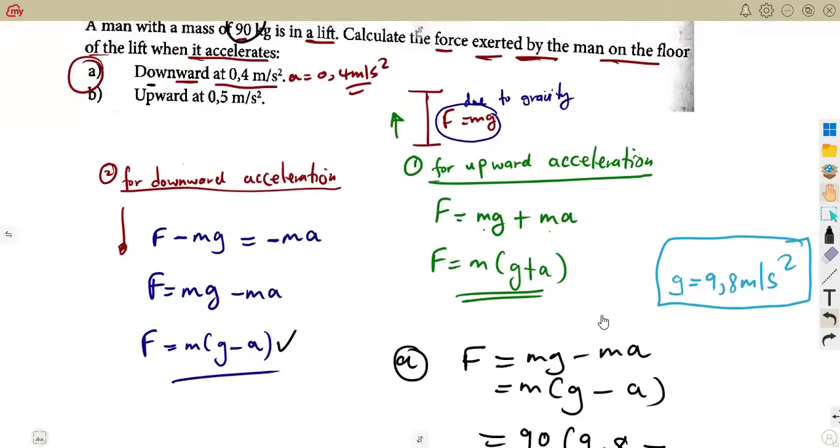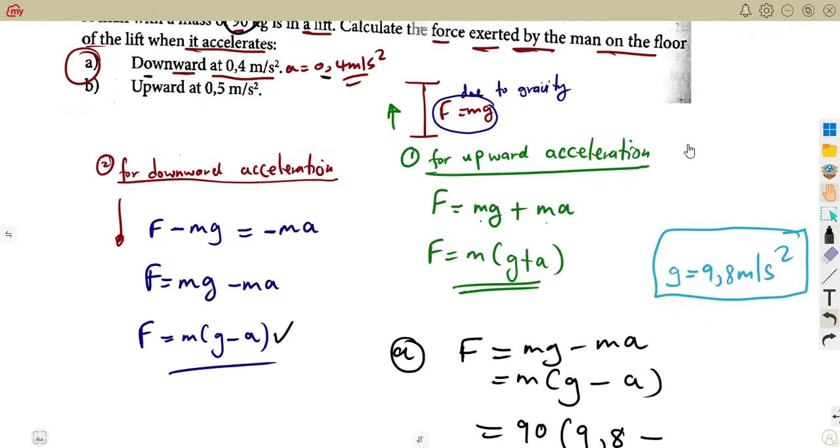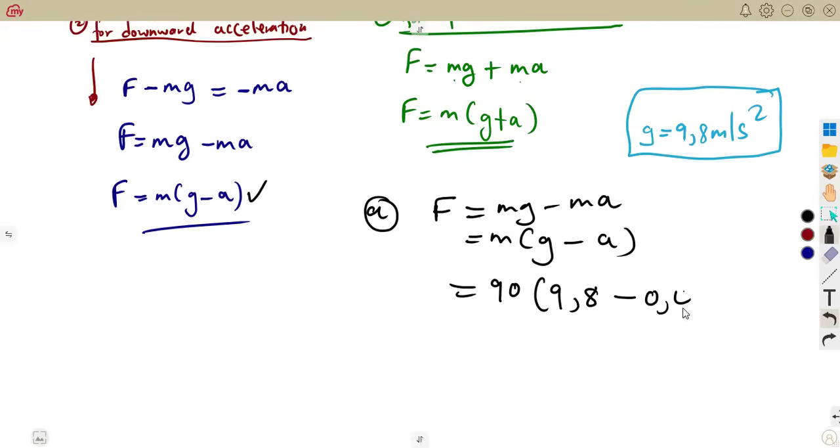Do we have the acceleration? We have the downward acceleration of 0.4. So that was going to give us our F for a downward acceleration as it is going down. This is for a downward acceleration. All right, so that is it, guys. That was going to give us 846 newtons, just like that.